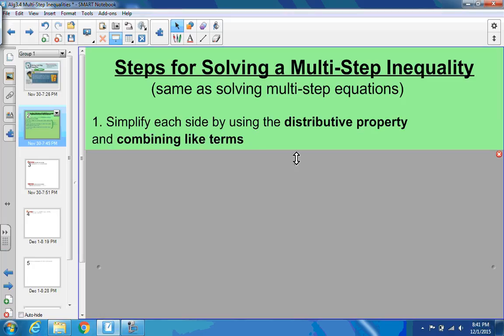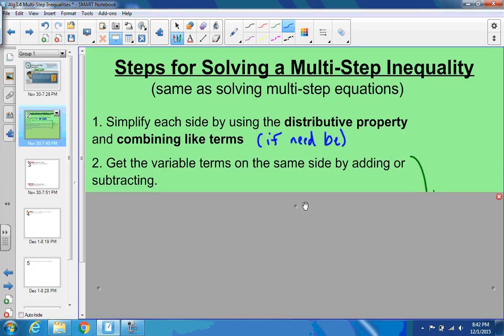The first step would be to simplify each side by using the distributive property and by combining like terms, if need be. In our first example, we don't actually have any distributing or any combining of like terms, so we can skip that step.